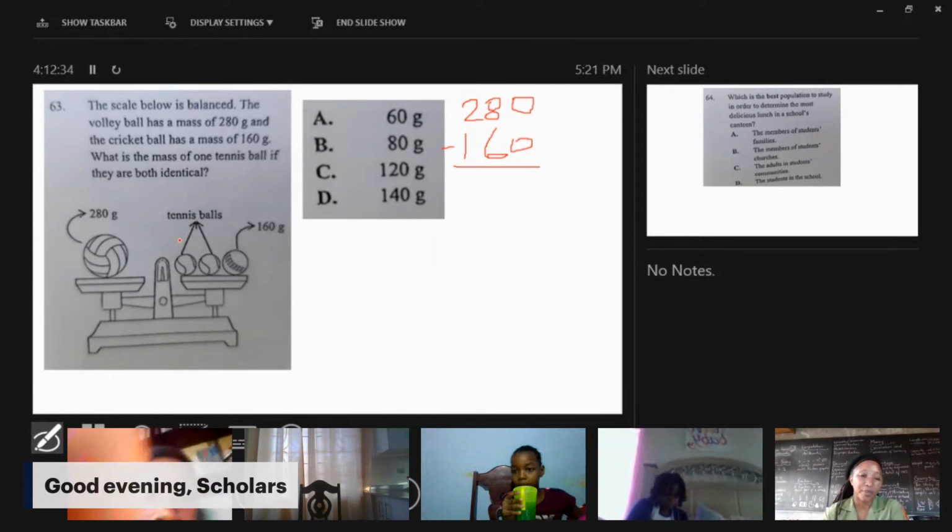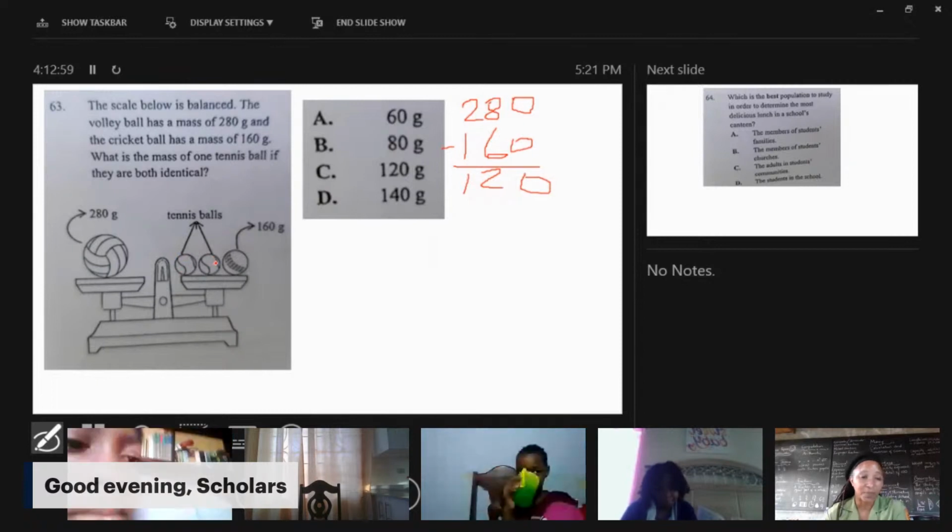Okay, so these three balls, the two tennis and the one cricket, together weigh the same as the volleyball because it's balanced. We know the weight of the cricket, so we're going to subtract that from the equation. So we're left with 120, and you're saying this 120 should be shared equally between the tennis balls, since it's two of them.